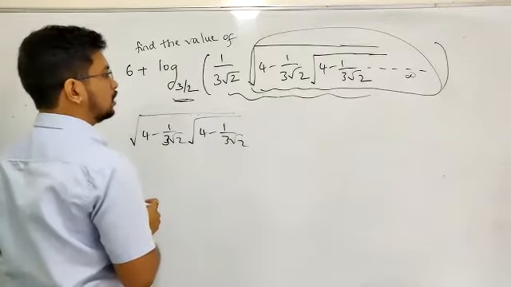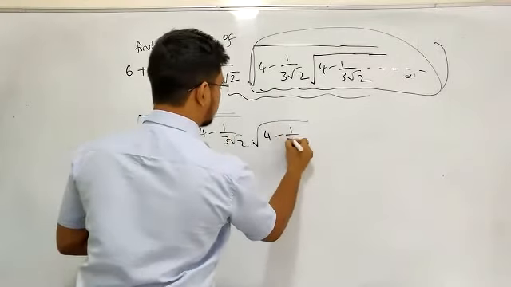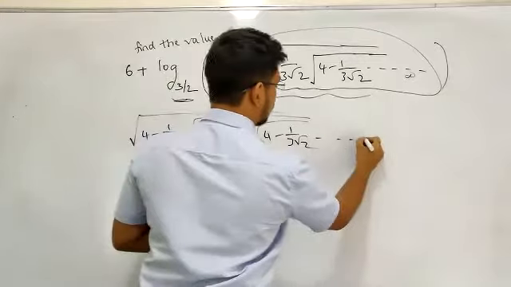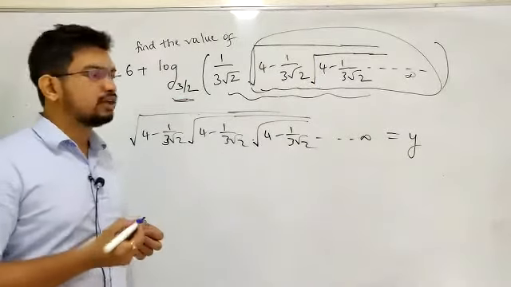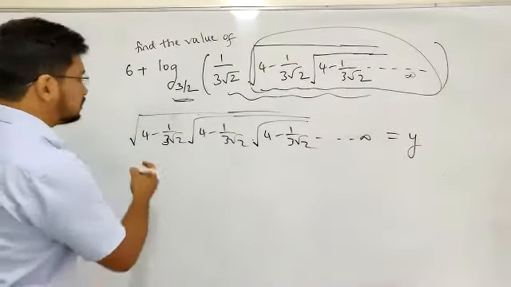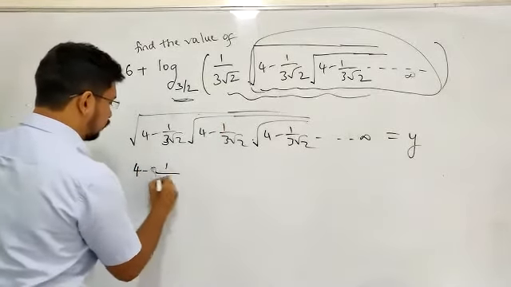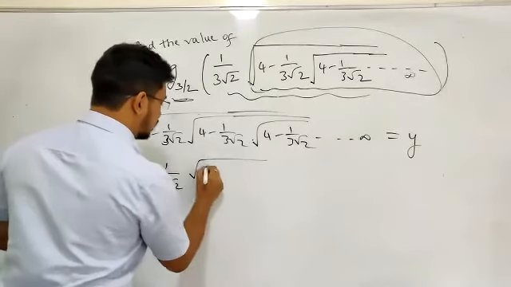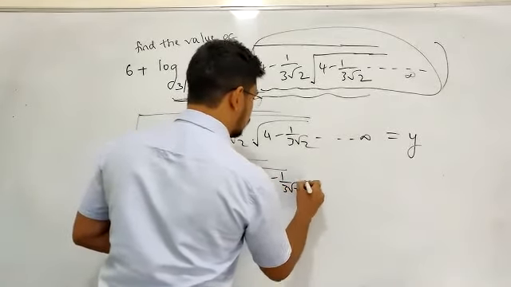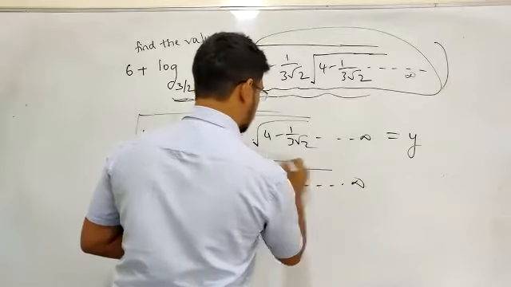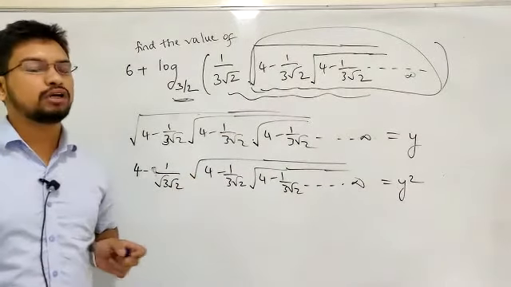So this is 4 minus 1 by 3 root 2 into 4 minus 1 by 3 root 2 and so on up to infinity, which is y square.